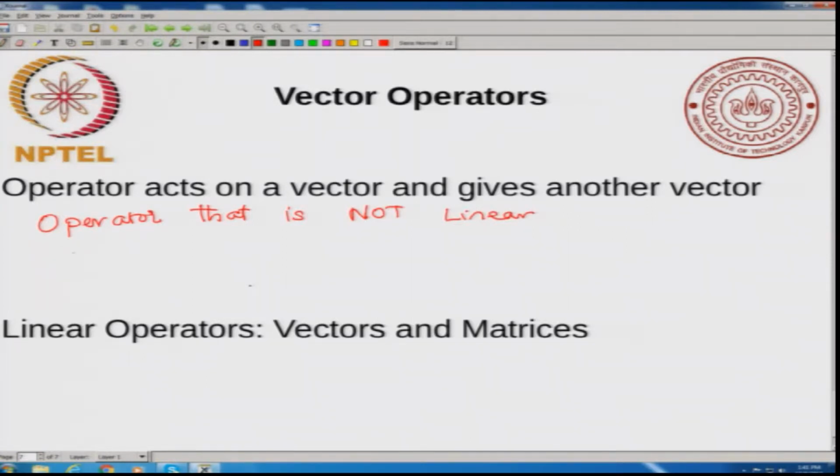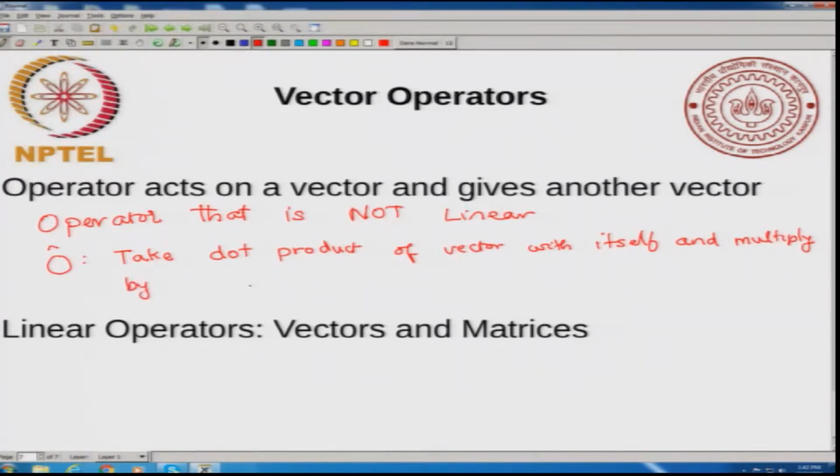So, suppose I define my operator as something that takes the dot product of a vector with itself and multiplies by the same vector.